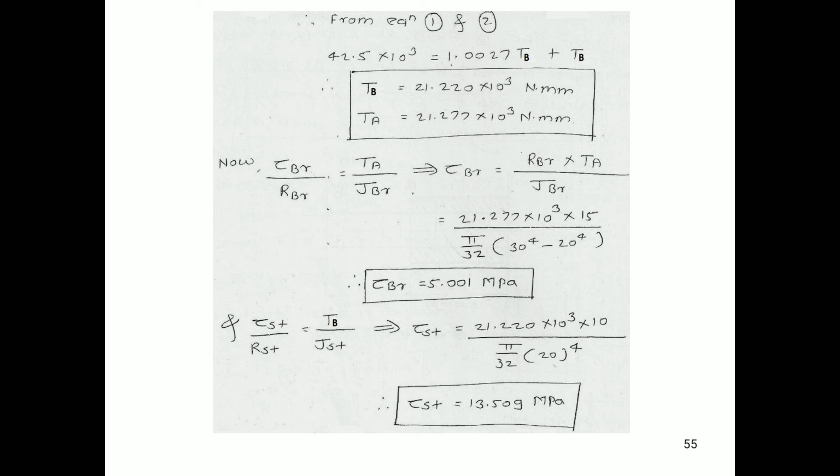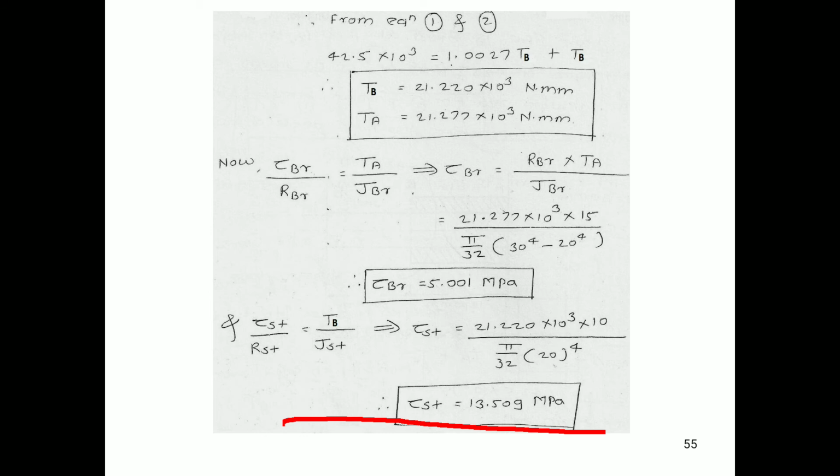On putting in all those values, which we have already found or which are given in the numerical, we have the shear stress in the brass as 5.001 MPa, megapascal, or we can say it in Newton per mm square also. In the same manner, by using the torsional formula, we can find the shear stress in steel, and it is 13.509 MPa or Newton per mm square.